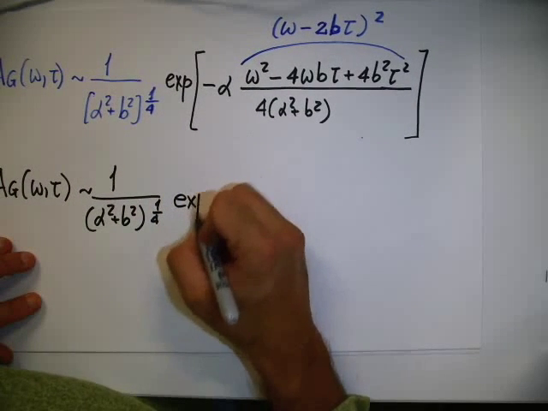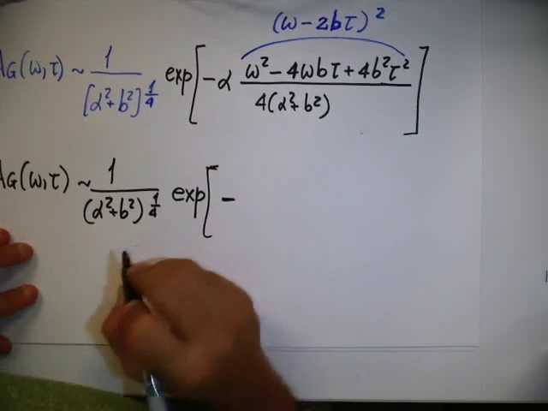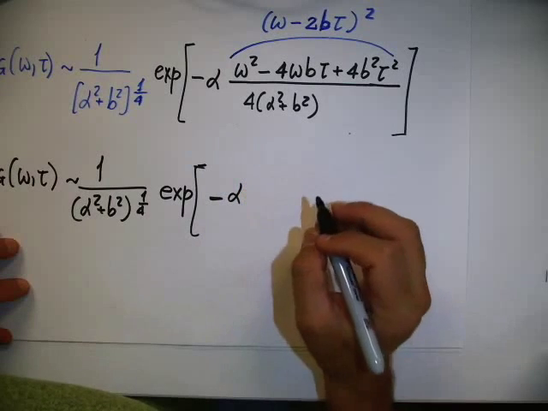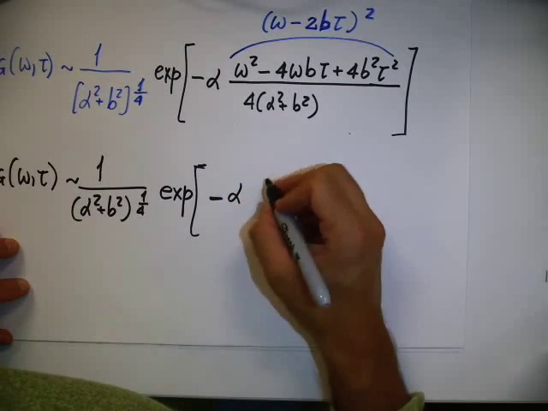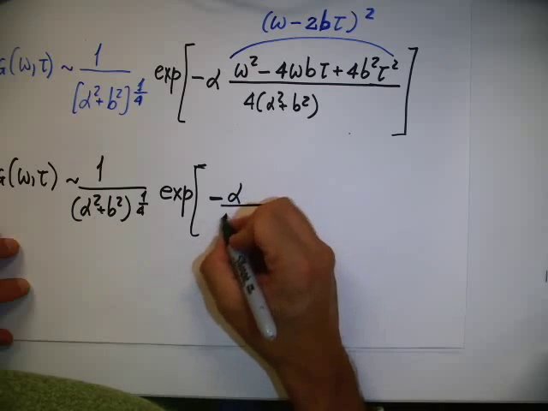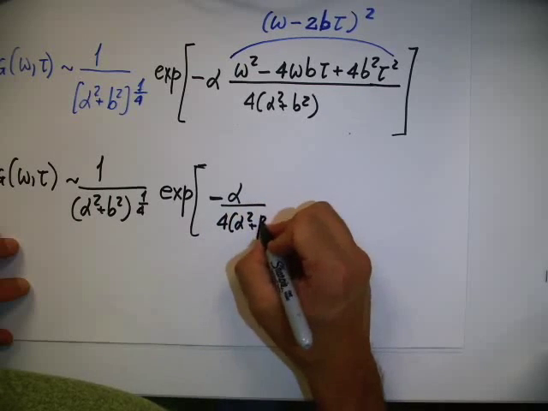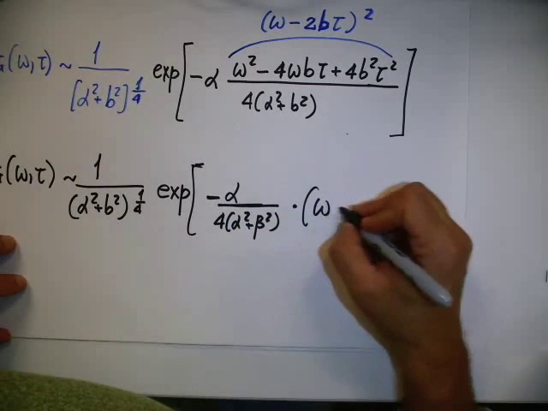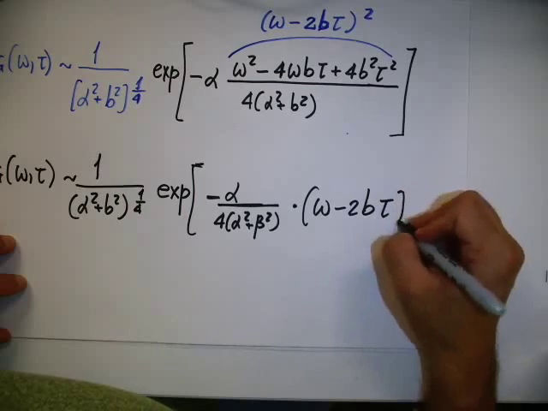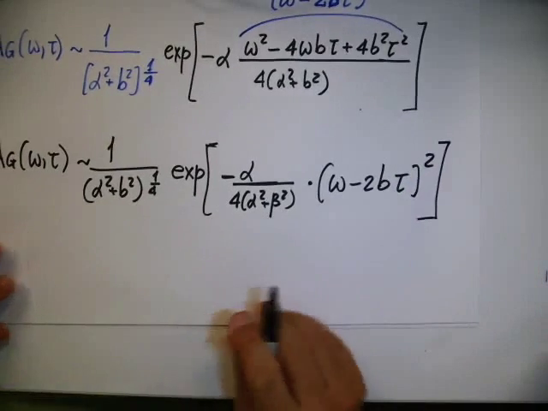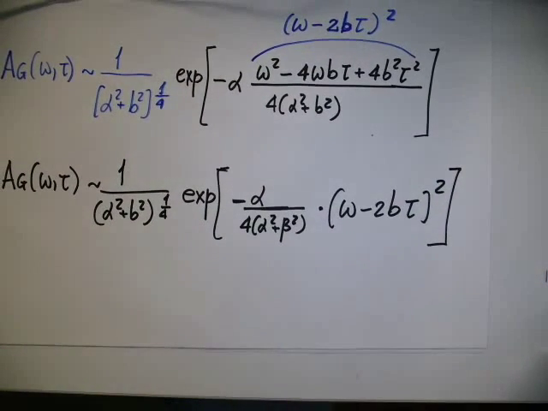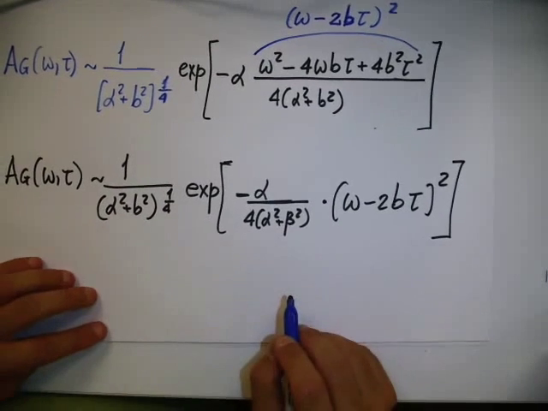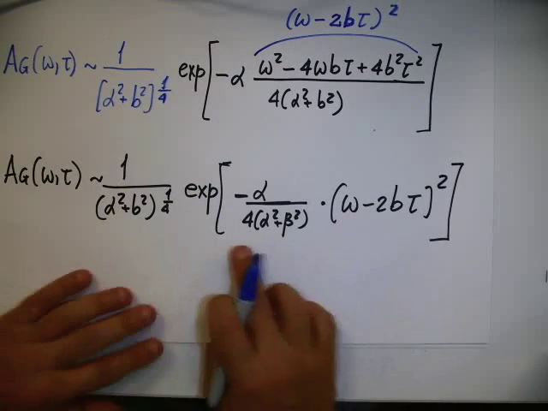And then I have this exponential of minus alpha divided by 4 alpha squared plus beta squared times omega minus 2 beta tau. And now we can plot it, because it looks like a Gaussian as a function of omega.